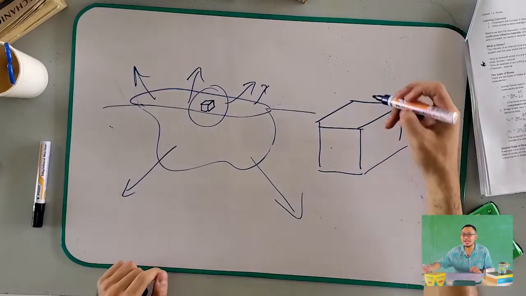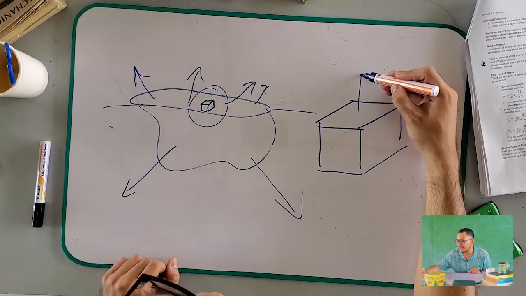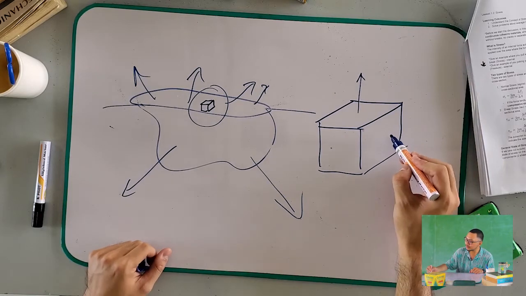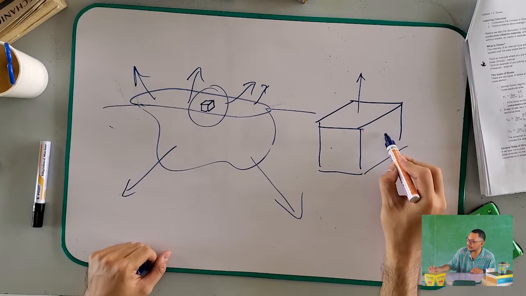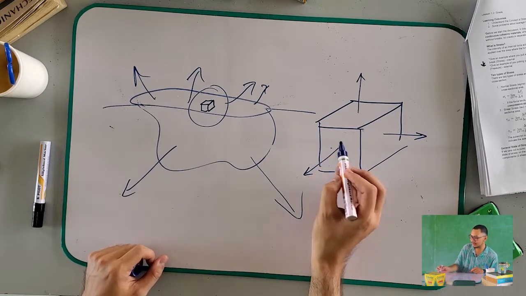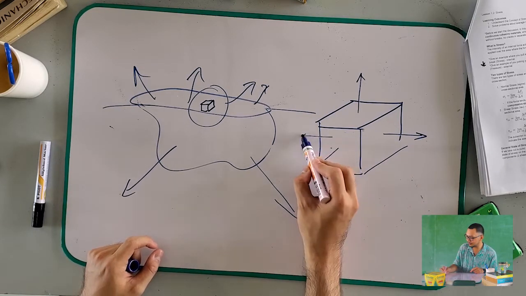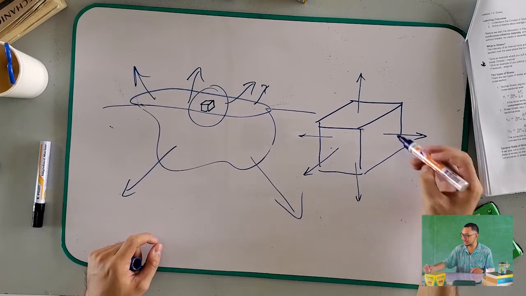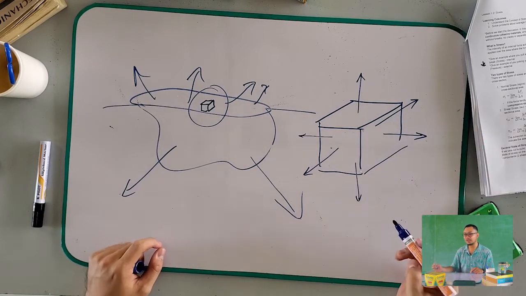Generally, if a cubic element in this body is subjected to stress, generally daw, ang kaninga cube, ma-experience siya og normal stress on all of its sides. Diri pod sa likod, and diri sa ubos, and diri sa likod. Okay.